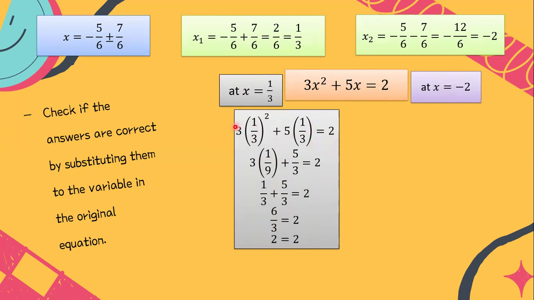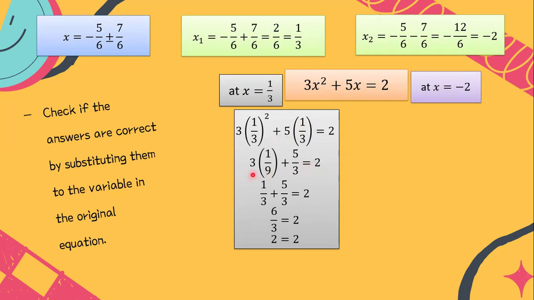We squared it first. So 1 over 9. So we have now 3 times 1 over 9 plus 5 over 3. Kasi we just multiply 5 to 1. So wala namang denominator. And that is equal to 2.